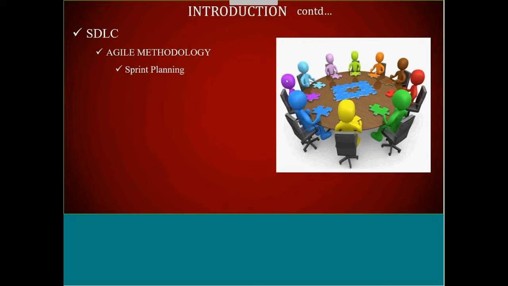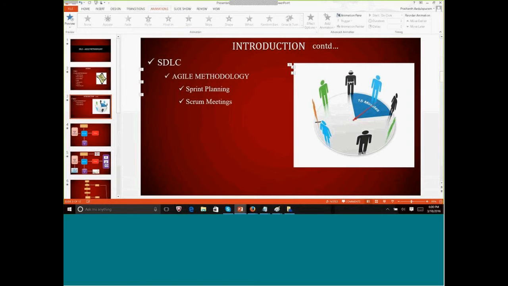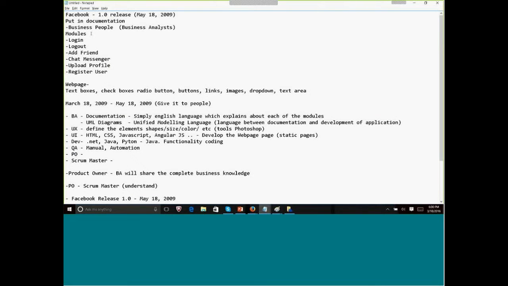So they will discuss the release. In this release we are going to have these modules which we need to develop. So among these, they will identify which modules we need to cover in sprint 1. Everything should be completed by sprint 4. So now they will divide that into tasks. Say, this they will keep in sprint 1.